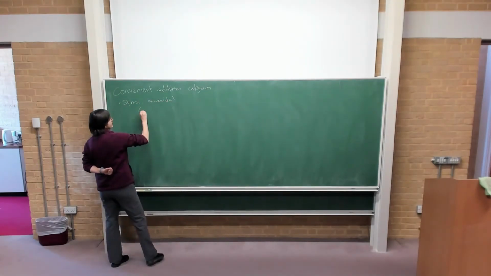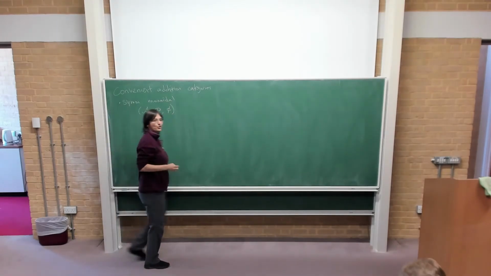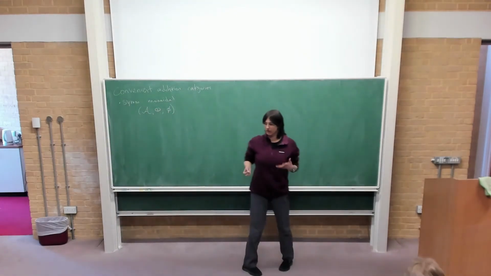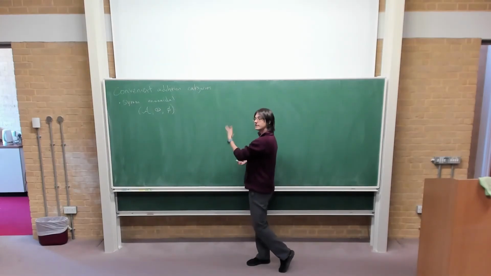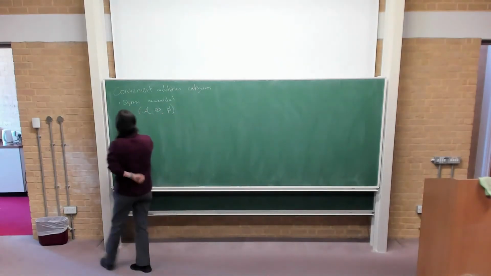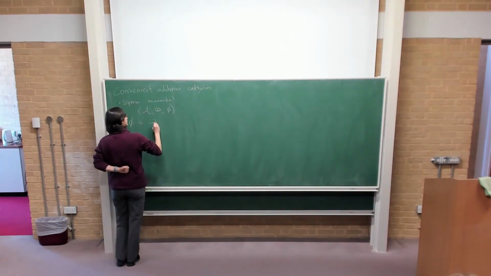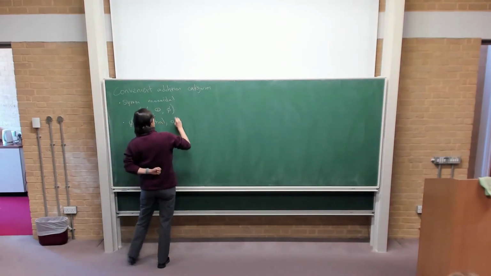But if you have symmetric monoidal, often you don't have a lot of control about what else is going on in the category. So what makes these categories convenient is that you have a lot of control about what else is going on. So first off, the zero object is initial. And all morphisms are monic.